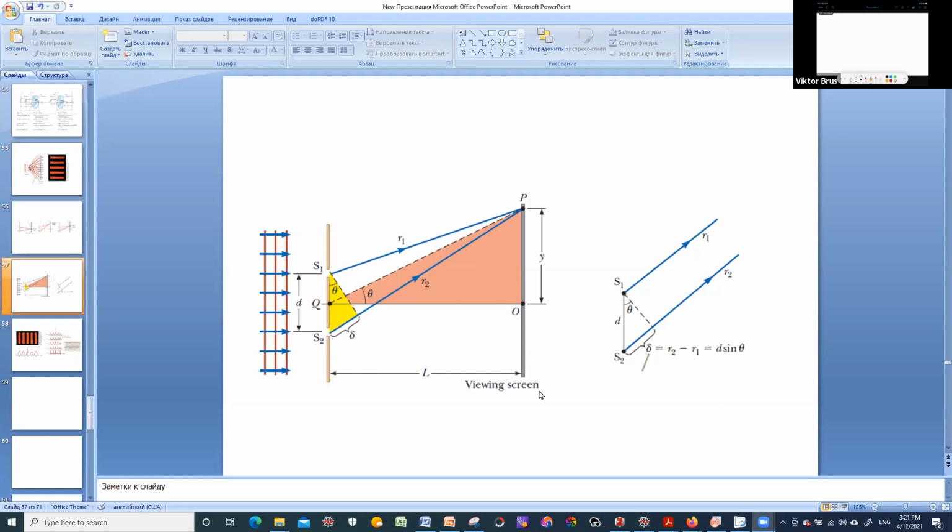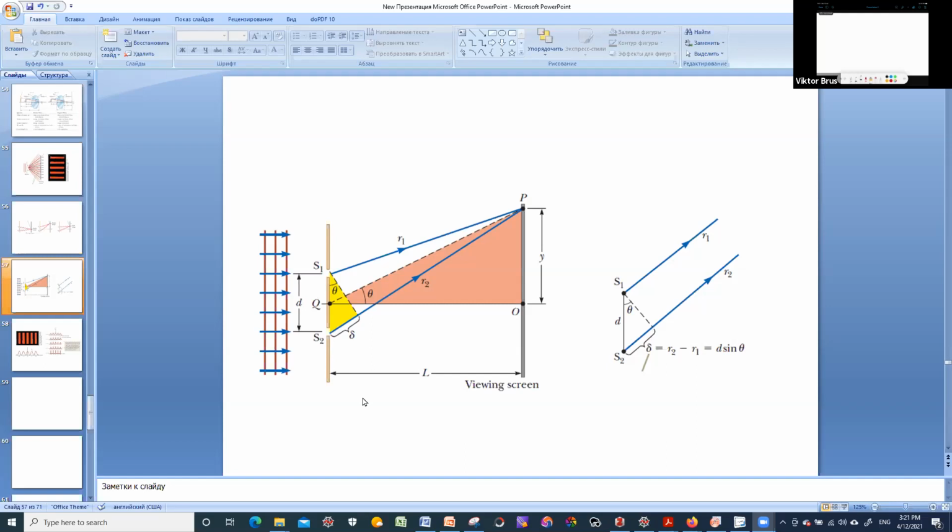So what do we see here? We have R1 and R2. Those are the paths which electromagnetic waves originated at these two slits need to travel through in order to reach point P.